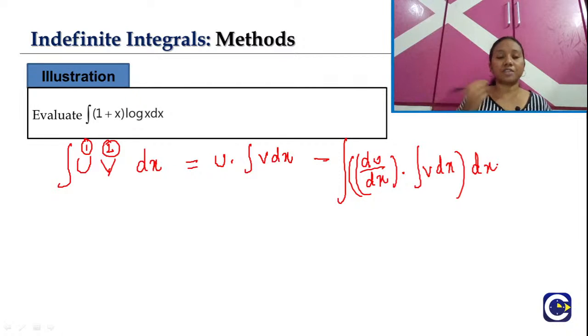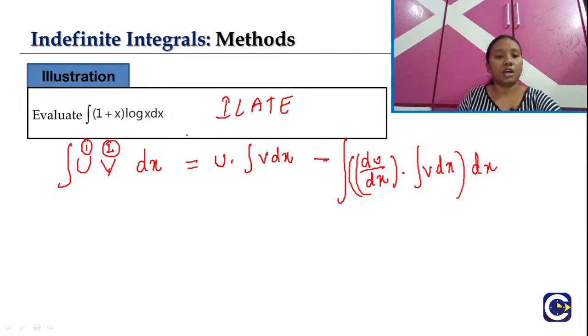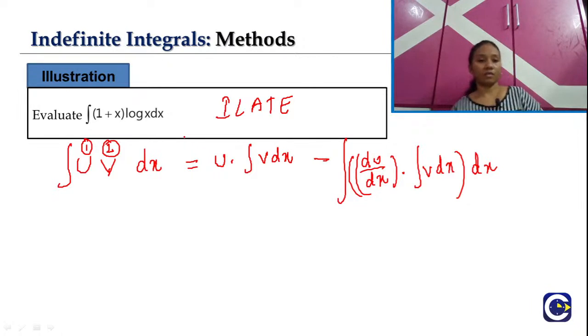You can start by deciding the first function and second function using our rule of Euler. Then you can fix amongst these two functions which is our first function and which is our second function. One function here is 1 plus x and the other function is log x.